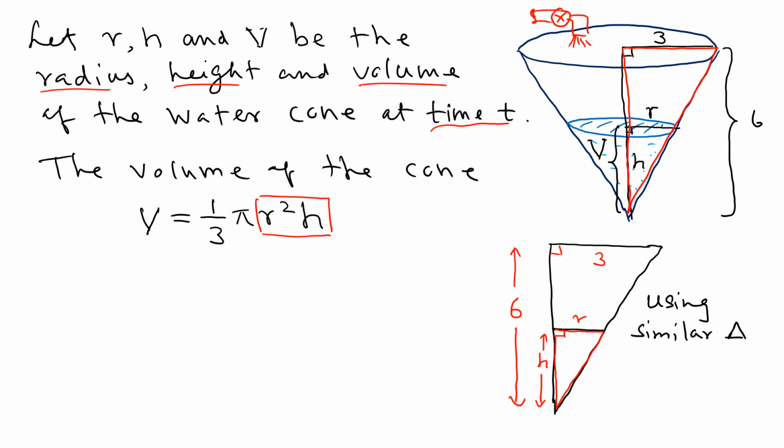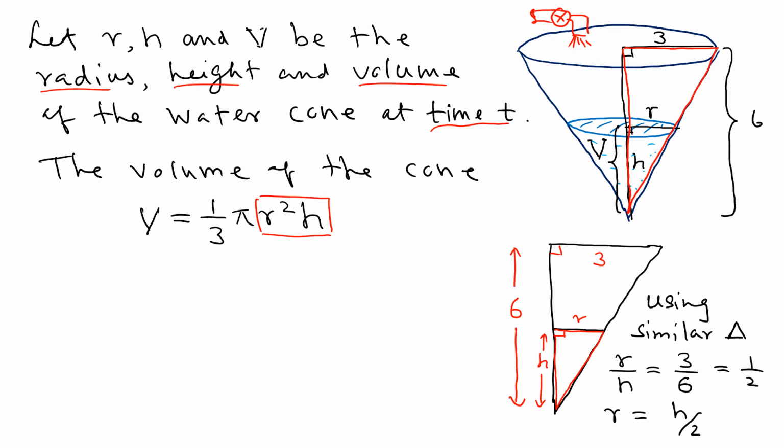So we can write R divided by H equals, R corresponds to 3, small h corresponds to 6. That means you get 1/2 here. In other words, if you multiply by H, R equals H over 2. So that's the value of R.